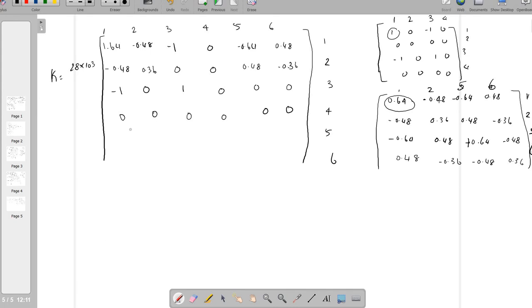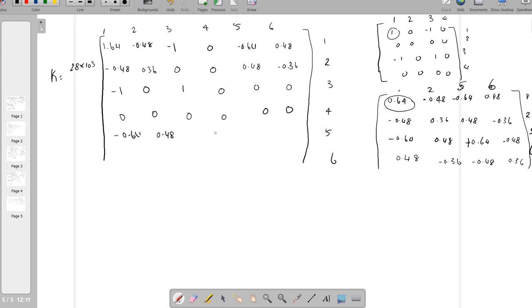Next 1 5. There is no element in the first matrix; 1 5 is available only in the second matrix. It is minus 0.64. 2 5 is 0.48.